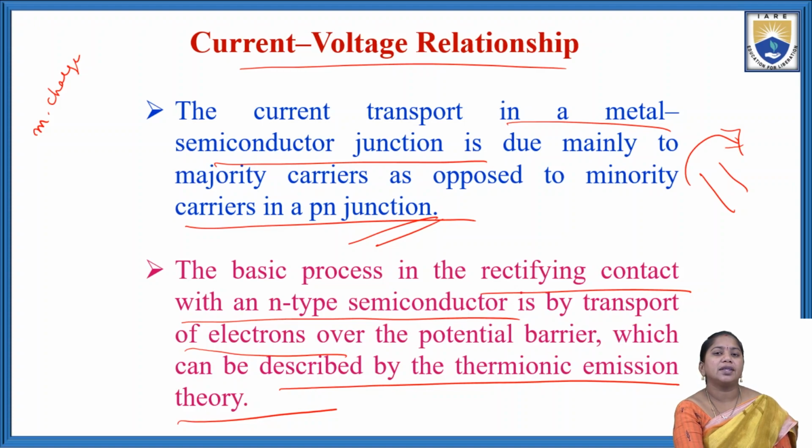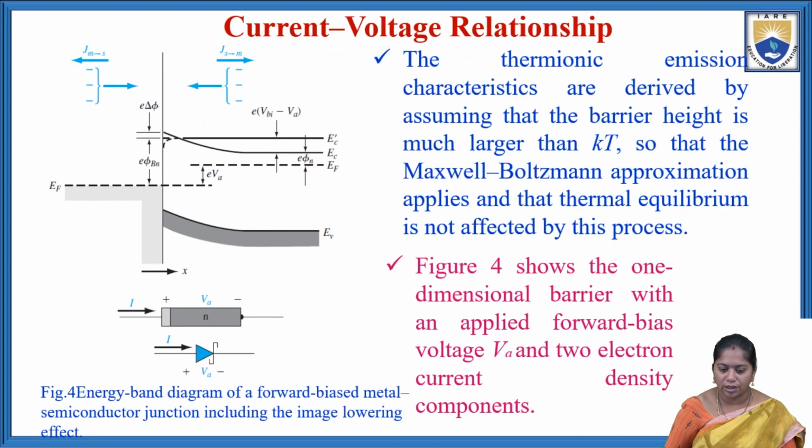The potential barrier is formed in between the metal and semiconductor, and this transport can be described by the thermionic emission theory, which is also called the TE theory.